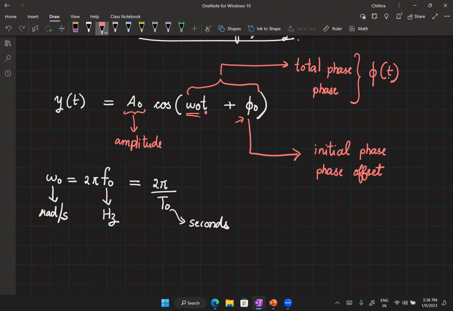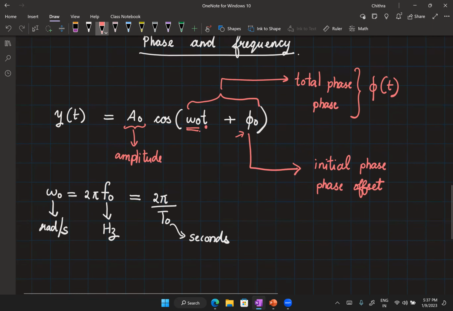But for this course, this is the notation we will follow. When we say phase, we mean the total phase, and this phi naught will be called either initial phase or phase offset explicitly. Okay. So again, this is just a reminder. Whenever you see the term phase in an article, paper, or a textbook, please check the definition that they have used before you proceed. Okay, so this is clear.